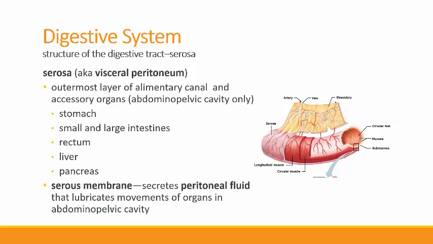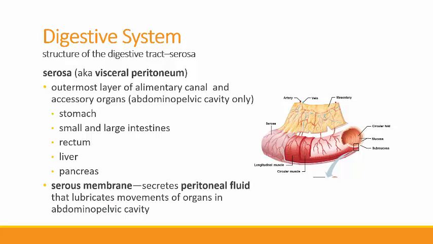So that means the esophagus and the mouth don't have a serosa associated with them. But when we get to the stomach, the small and large intestines, and the rectum, there's serosa there. And because the liver and the pancreas are found in the abdominopelvic cavity, they also have a serosa.